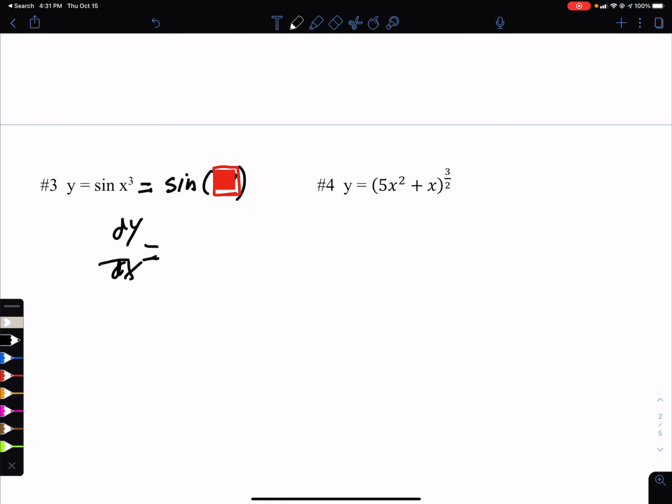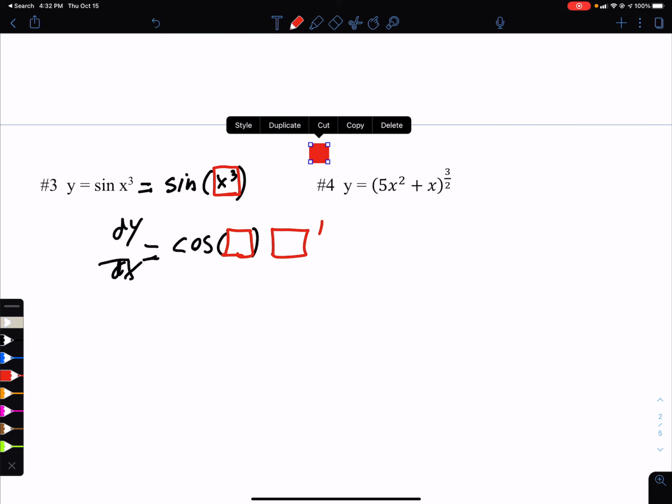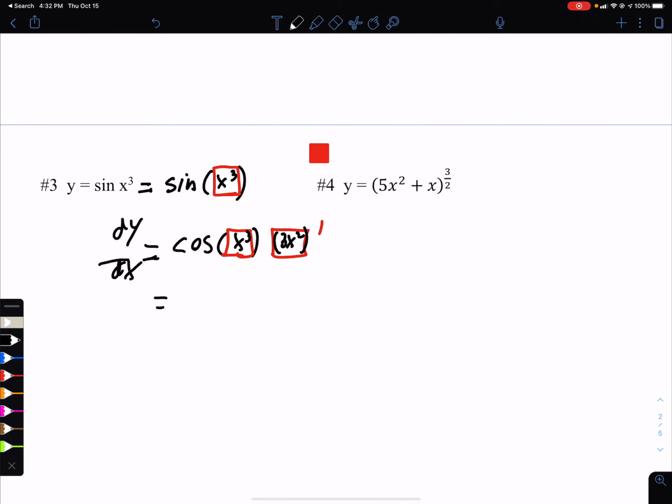What's the derivative of sine box? Well, that's cosine of box, but I have to multiply by the derivative of box. So what is box? Well, my box is x cubed, and the derivative of box is 3x squared. So we usually put these in front, and then the cosine of x cubed. Alright, that's the derivative of sine of x cubed using chain rule number 2.